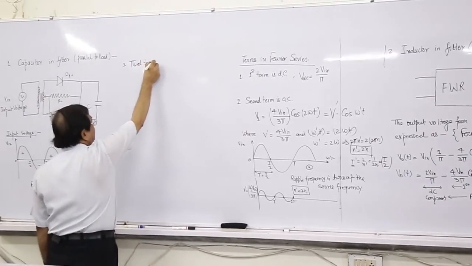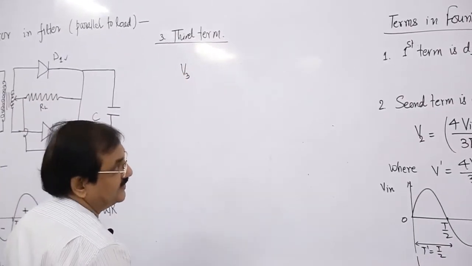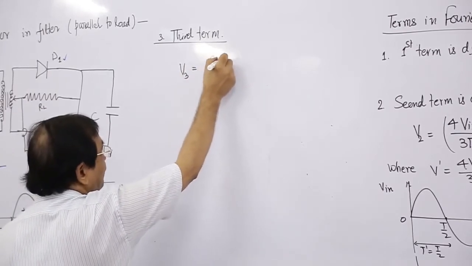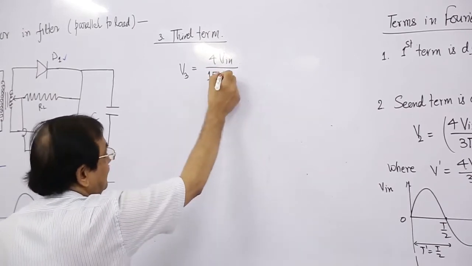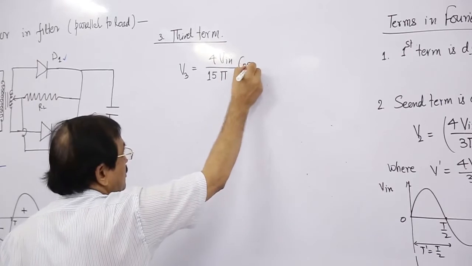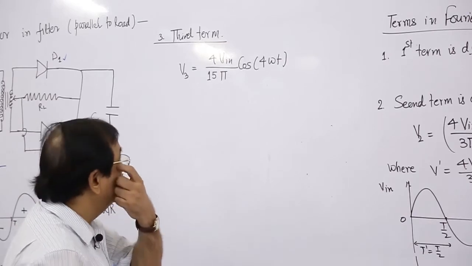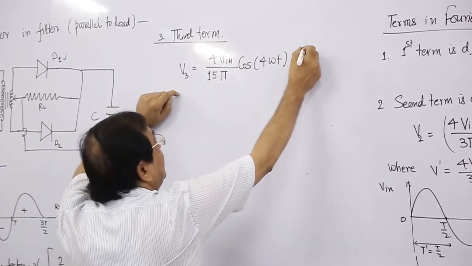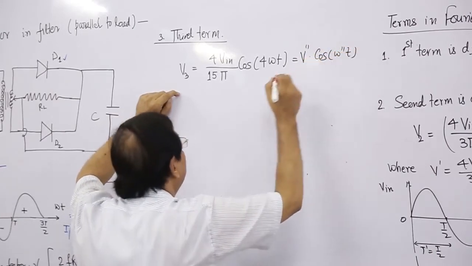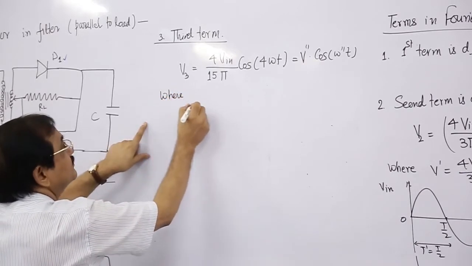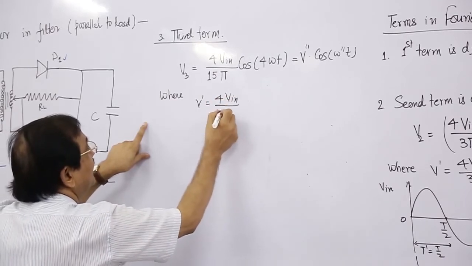This V3 is equal to 4 V in upon 15 pi cos 4 omega t. This can be written as V double dash into cos omega double dash t, where V double dash is 4 V in upon 15 pi.